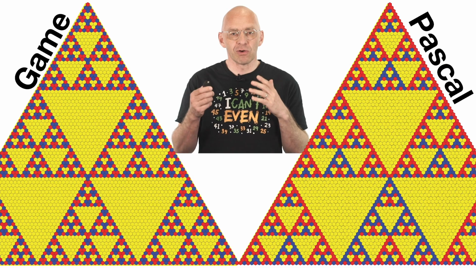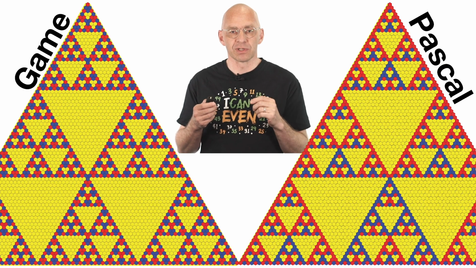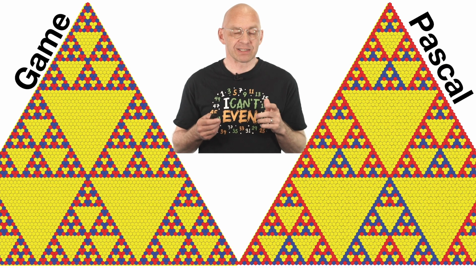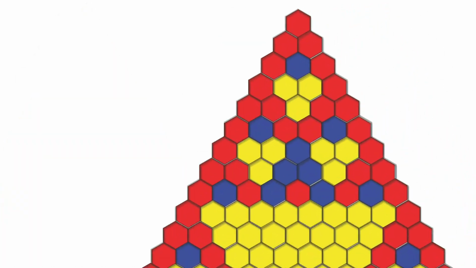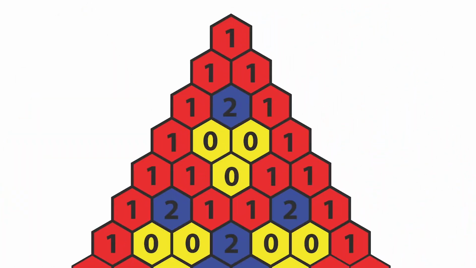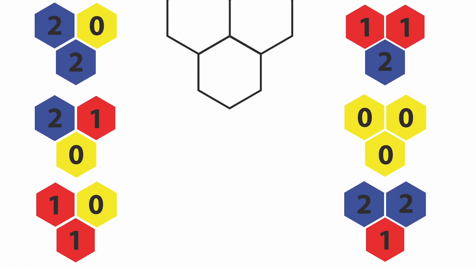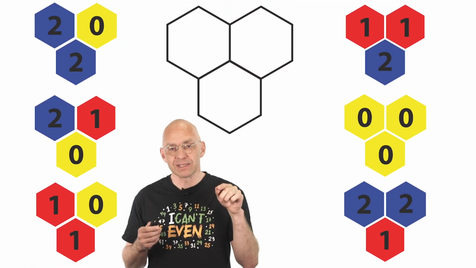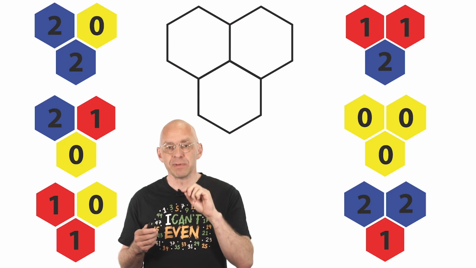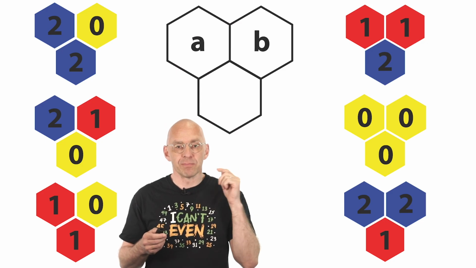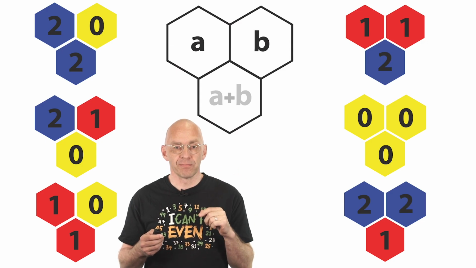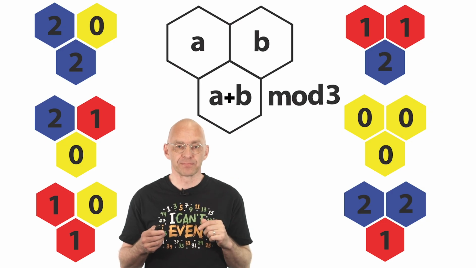Okay, let's have a close look at the growth rules for our remainder 3 Pascal triangle. So with Pascal, to add a and b, we simply go a plus b mod 3.